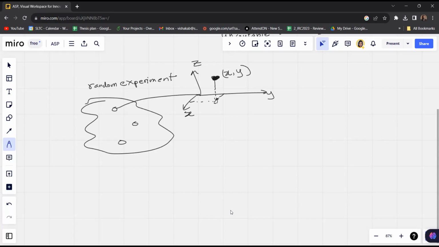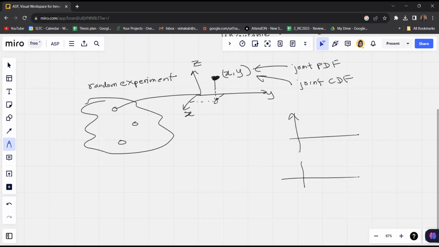So in the last class, we discussed how we can denote the joint PDF functions and the joint CDF functions, right? So we discussed two random variables, and how we can denote the PDF function and the CDF functions when there are two random variables in place.